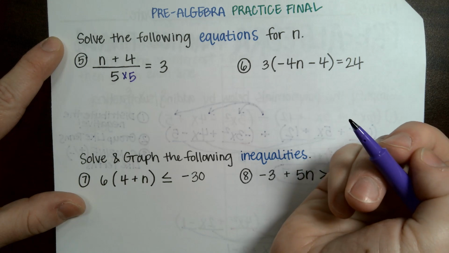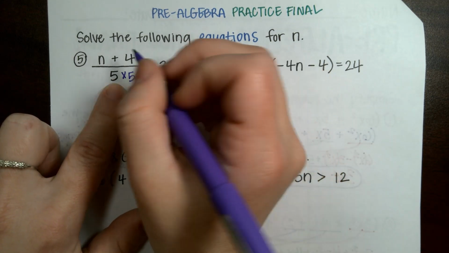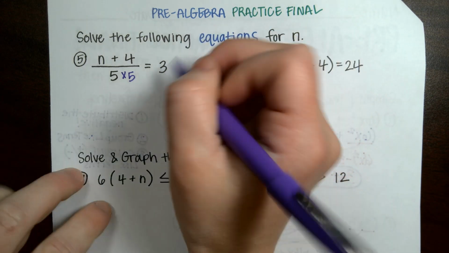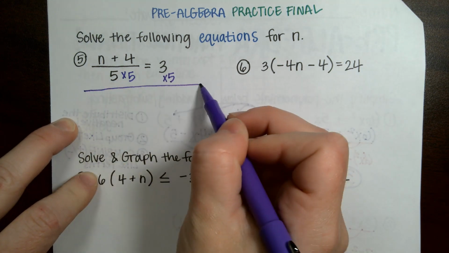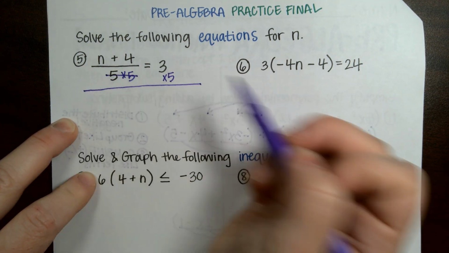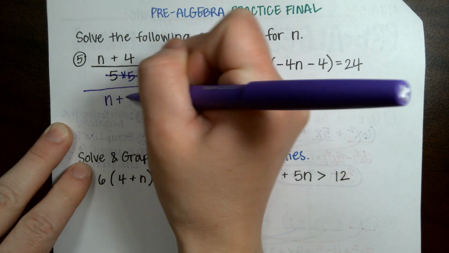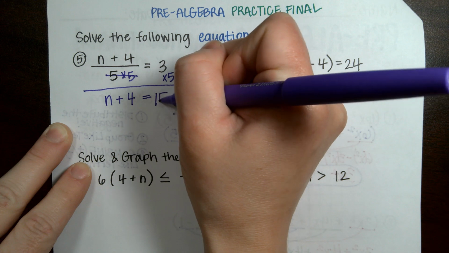And where else do I multiply by 5? Yes, for some reason, whenever we do this type of problem, I see so many people forget to do it on both sides. Do not forget to do it on both sides. So my 5's will cancel, and I'm left with n plus 4 equals 15.